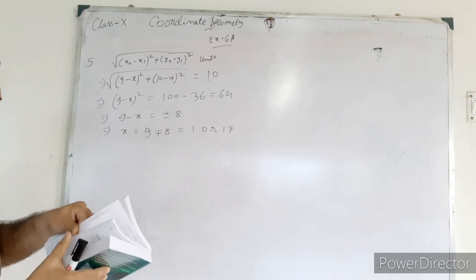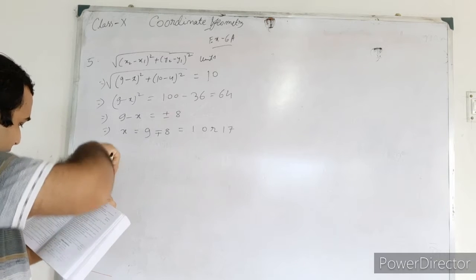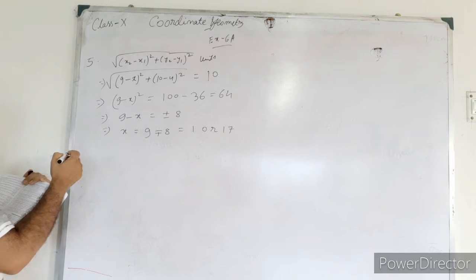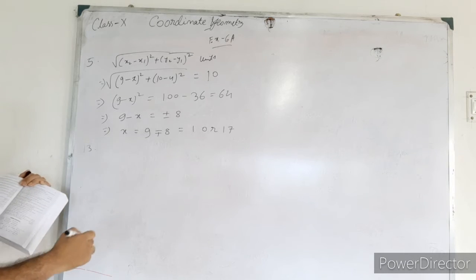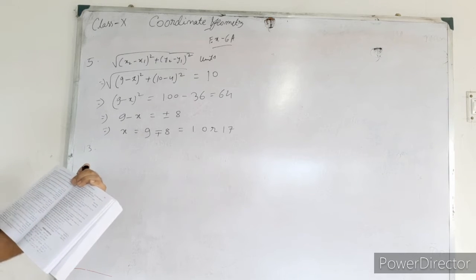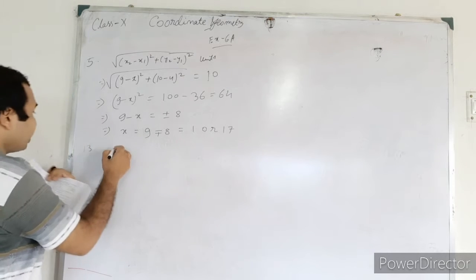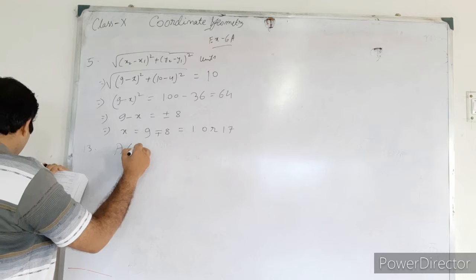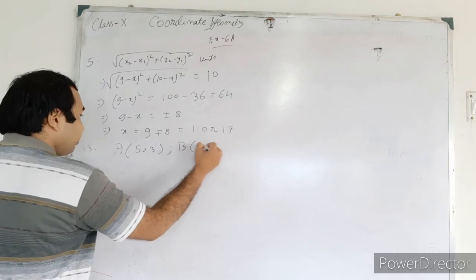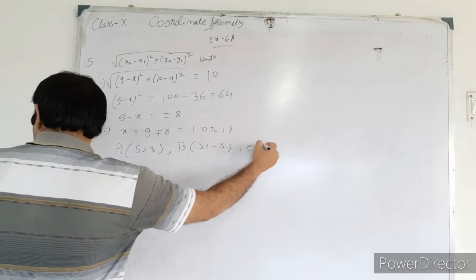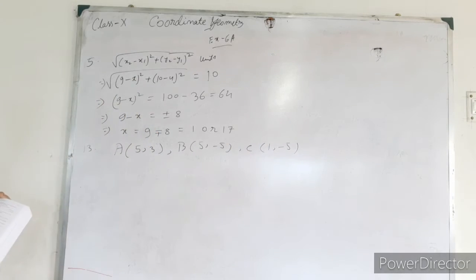Then let us do number 13. Find the coordinates of the point equidistant from three given points. The given points are A(5, 3), B(5, minus 5), and C(1, minus 5).